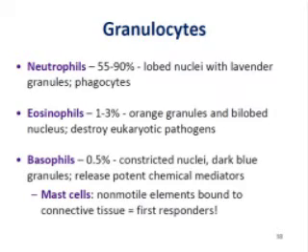And then the basophils are really low, 0.5% of your white blood cells, and they're important because they release potent chemical mediators. A lot of times, in an immune response, and we'll look into inflammation, certain cells are already in place, or certain cells are there first, like the mast cells, for example, which are related to those.